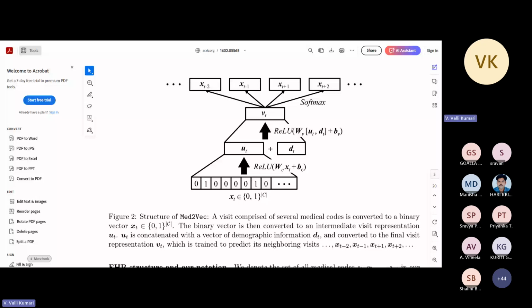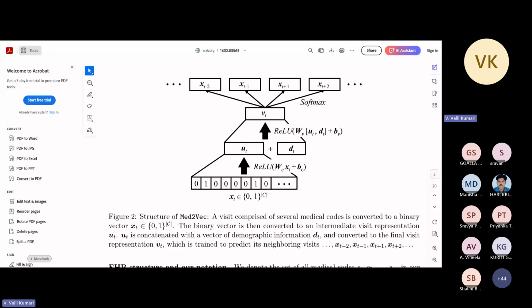So you have some binary coding, then an activation, right? That is combined with demographic information, and all that goes through, again, a ReLU over here, and then a softmax.